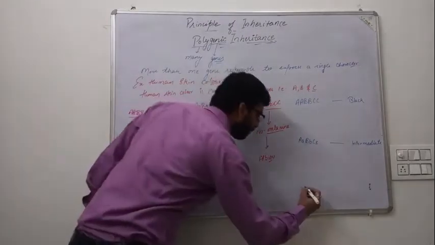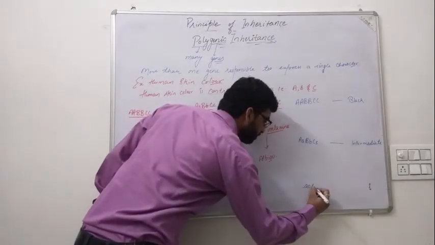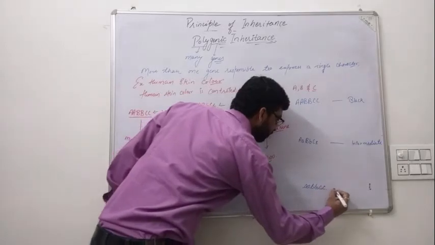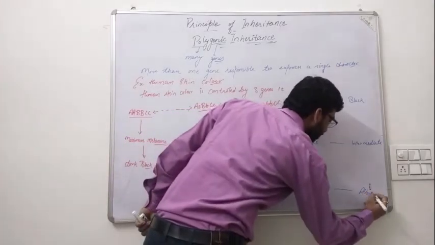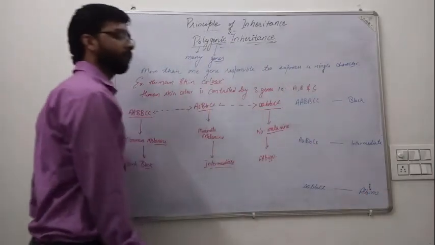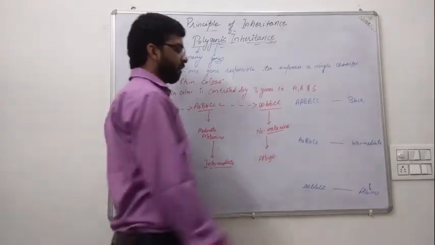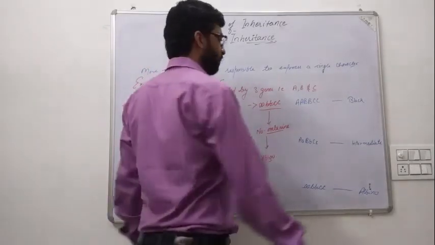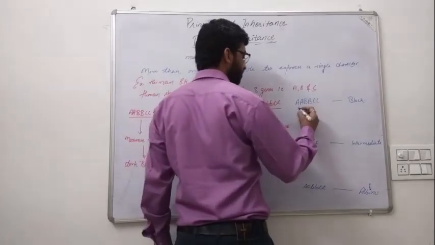Here, if all genes are recessive, then the person is albino. Now calculate the person or tone color in between these.